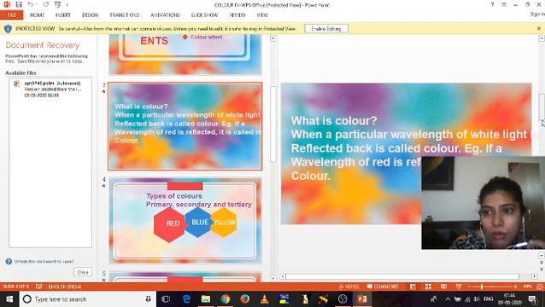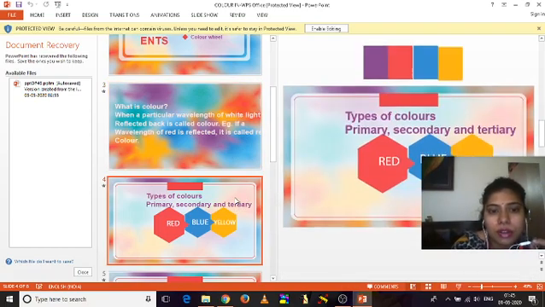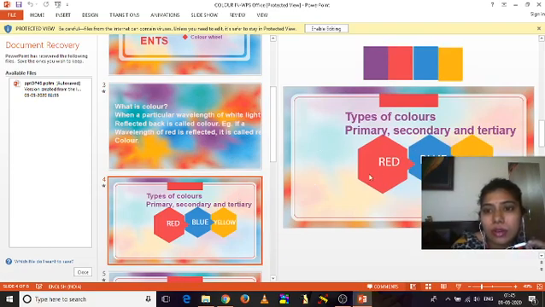Quickly we will move to the types of colors. So basically we have primary colors, secondary colors, and tertiary colors. So in types of colors, we have three types, that is primary, secondary, and tertiary. So in primary colors, we can see red, blue, and yellow.